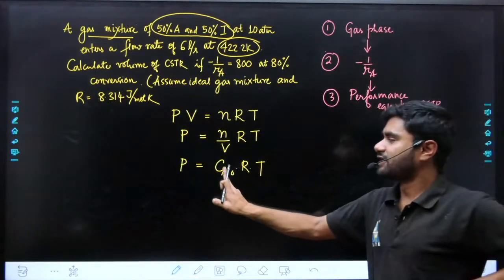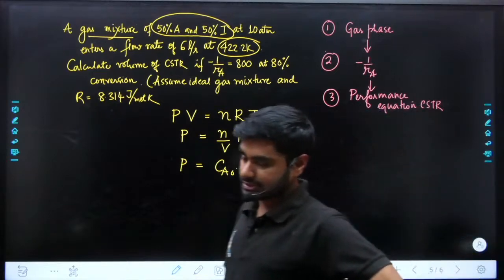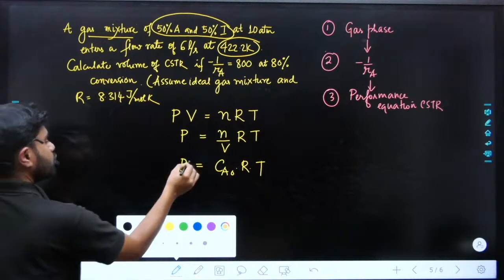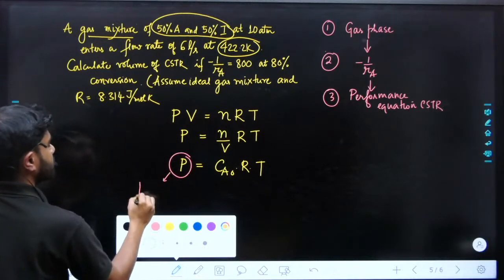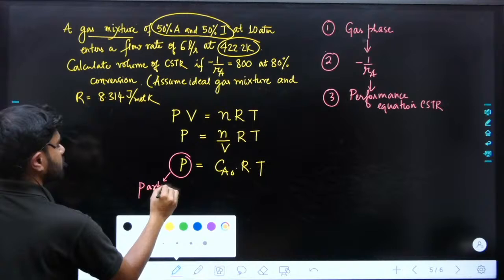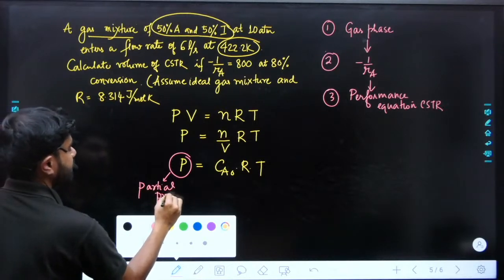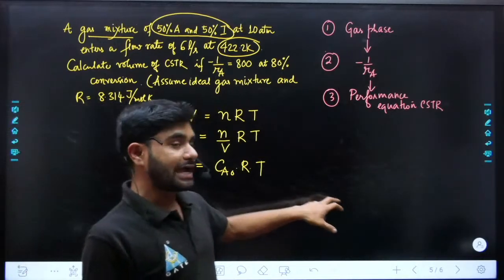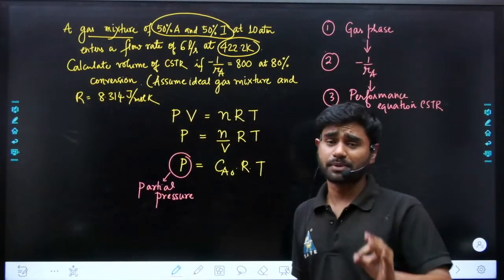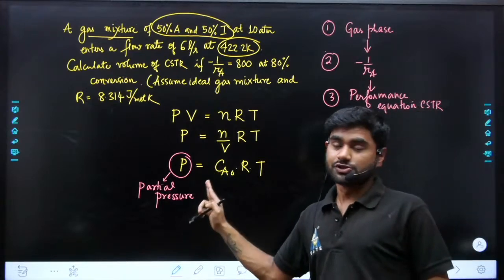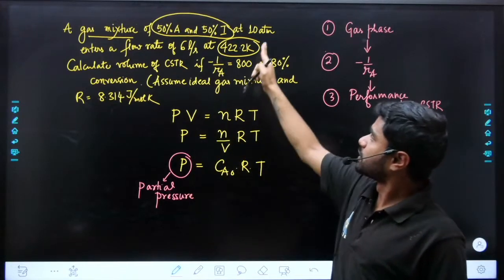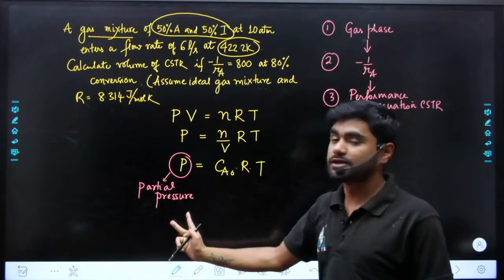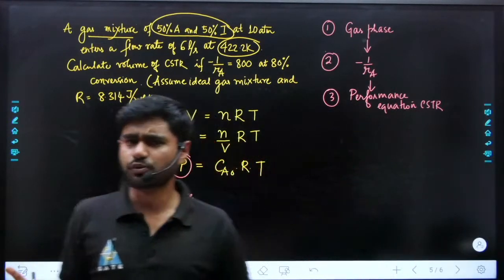It is your partial pressure, because we are writing pressure with respect to A. We have a gas mixture, and A has an individual pressure, which is the partial pressure. So we relate this partial pressure to your total pressure, and the total pressure will be written in terms of partial pressure, in terms of gas mole fraction.